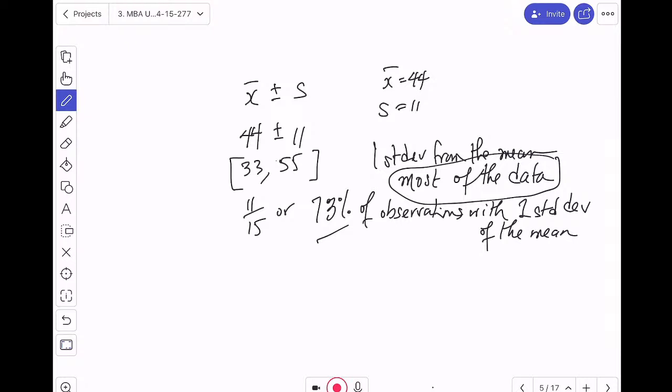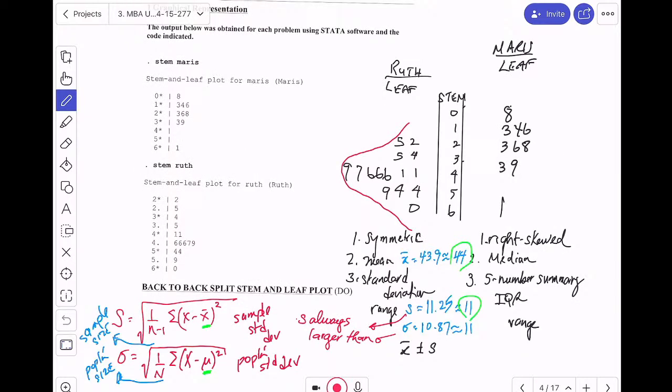These are a high number of hits. And you can go one more time, because we're going to capture everything within 2 standard deviations. What would be the interval for 2 standard deviations?